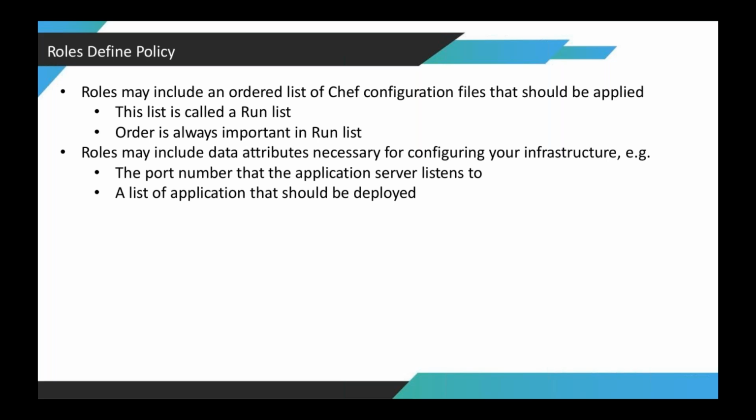There is different information about a node, like how much memory is available, how many CPUs there are, what operating system we are running, what the architecture of our system is, what software has been installed, what JVM version or Java version we are running, and so on. These are called the attributes of the system, and Ohai is responsible for gathering all these attributes and providing them to the Chef server.